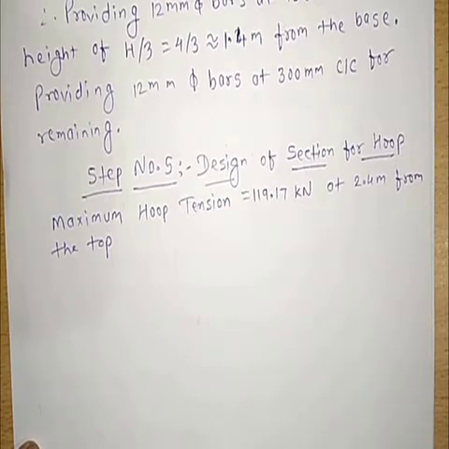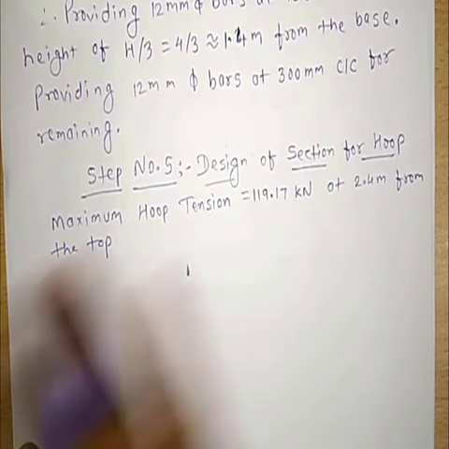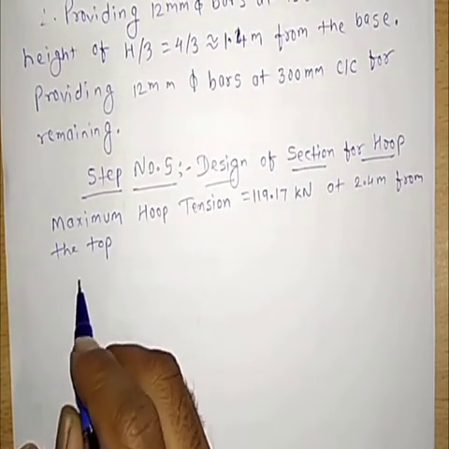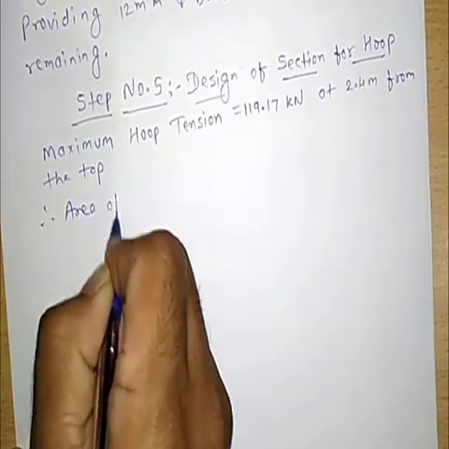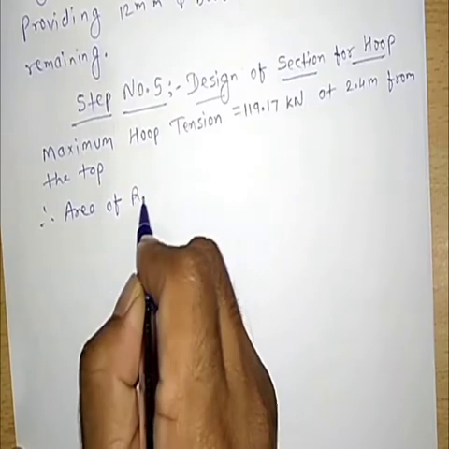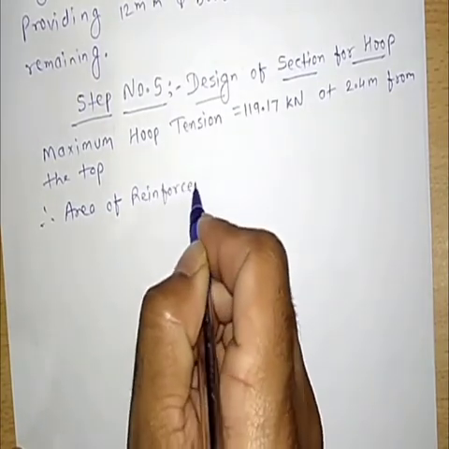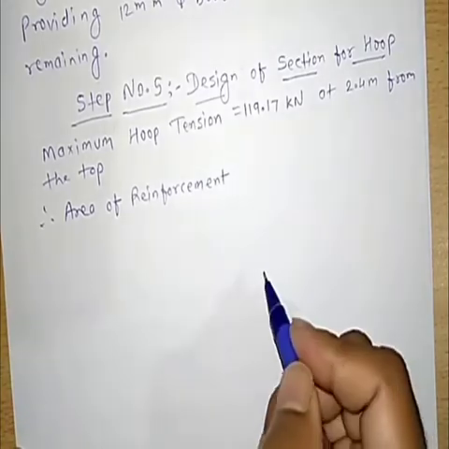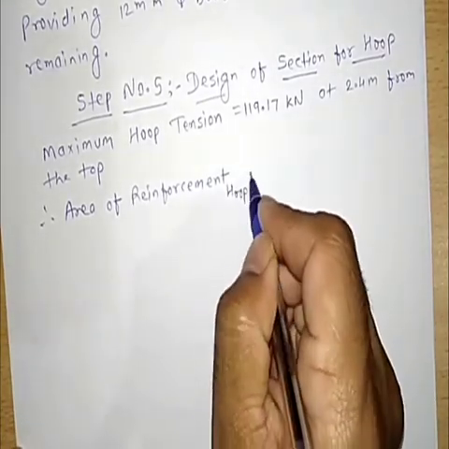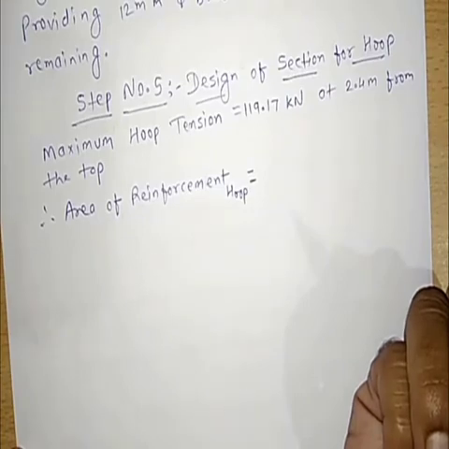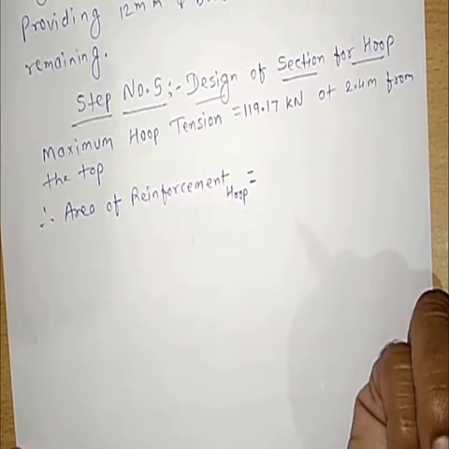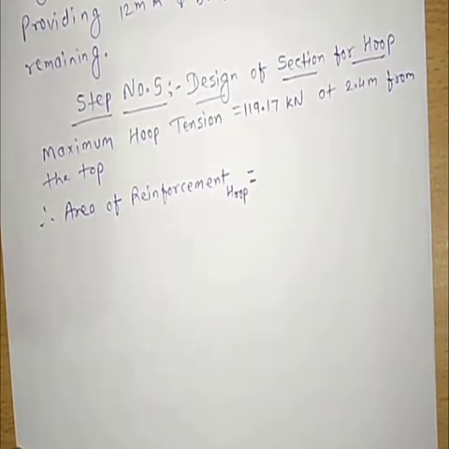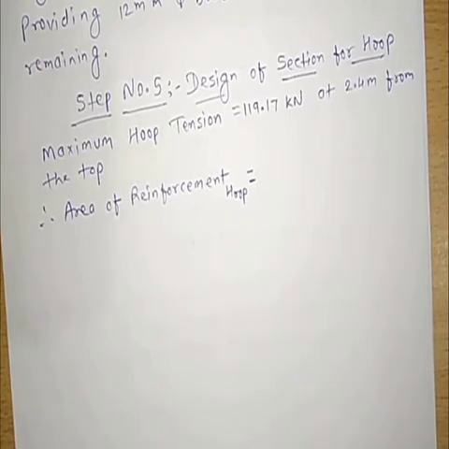So now we can calculate the area of reinforcement. So therefore we can write down area of reinforcement for the hoop steel, and that is equals to force divided by stress, or stress equals to force divided by area.